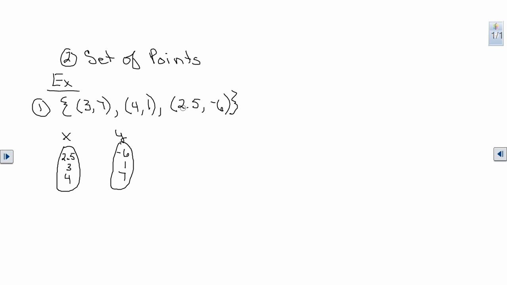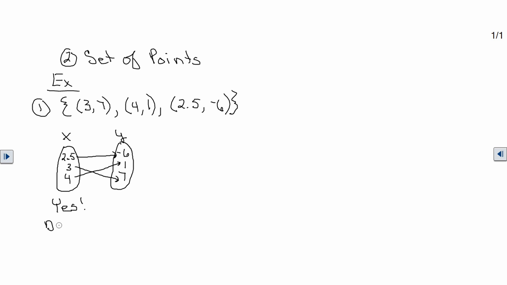So now I'll just match them up. So 2.5 goes to negative 6. My arrow is going towards my y value, towards my output. 3 goes to 7. And 4 goes to 1. Okay, so this x has 1 y, 1 y, 1 y. So, yes, this is a function.